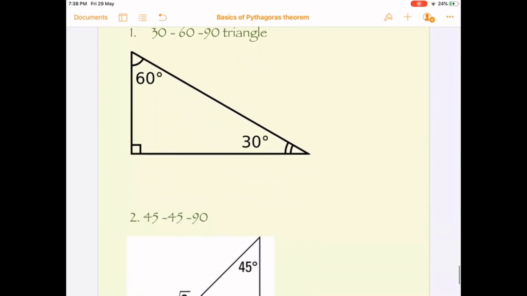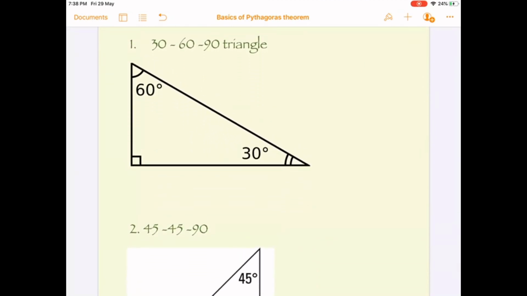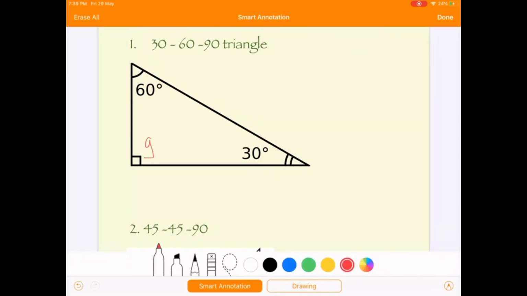Now right angle triangles are of two types. The first one is the 30, 60, 90 degree triangle. In this triangle, this angle is 90 degrees. Suppose this is A, this is B and this is C. Angle B is 90 degrees, angle A is 60 degrees and angle C is 30 degrees.